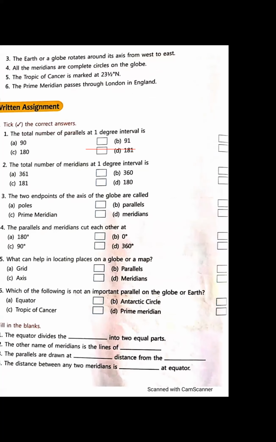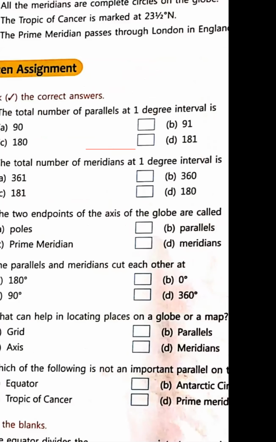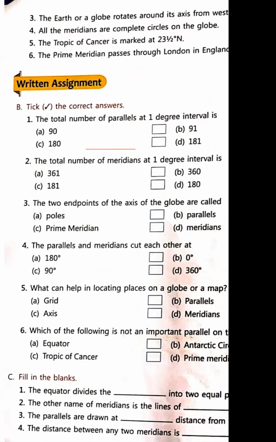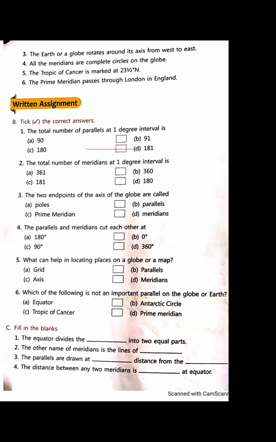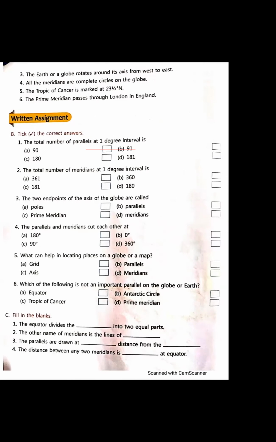Next part. Tick the correct answers. First one, the total number of parallels at 1 degree interval is blank. Only raise your hands. Ananya Miglani? Ma'am, 180.